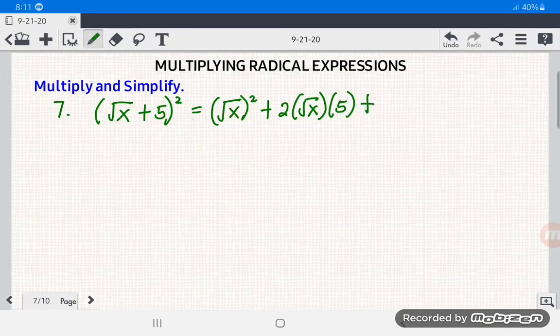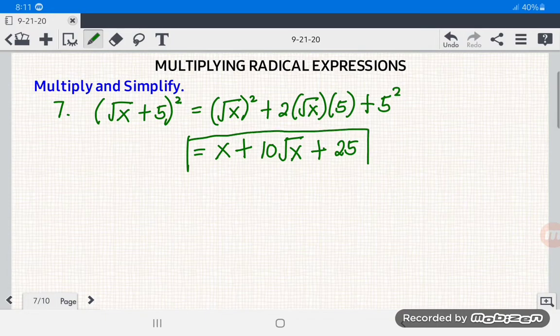Then plus the square of the second term. Then we have square root of x squared. If this is the case, the answer is the radicand itself. Then plus 2 times 1 times 5, so that is 10 square root of x. Then plus 5 squared, we have 25. So the number 7 answer is x plus 10 square root of x plus 25.